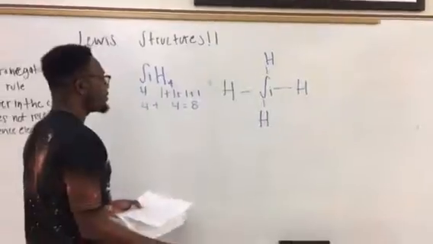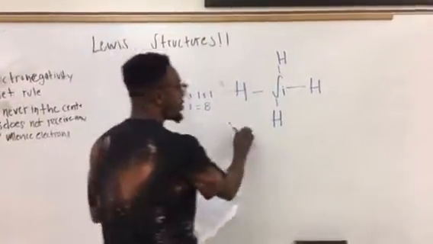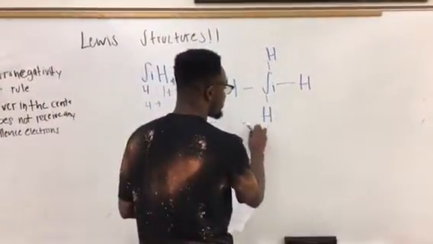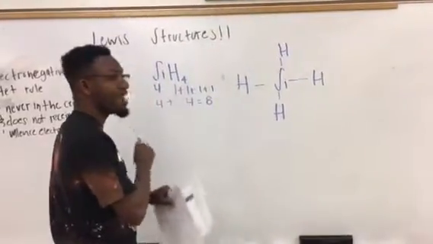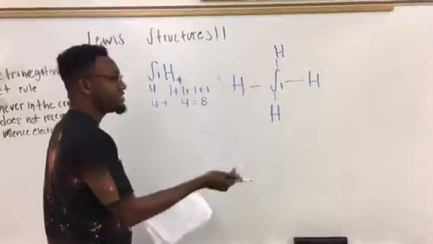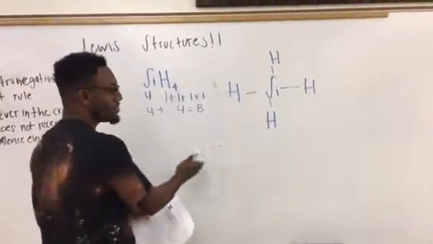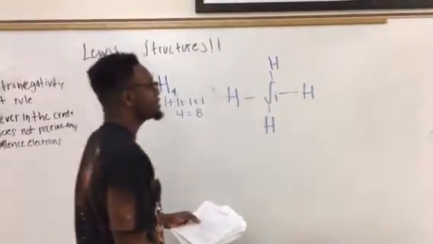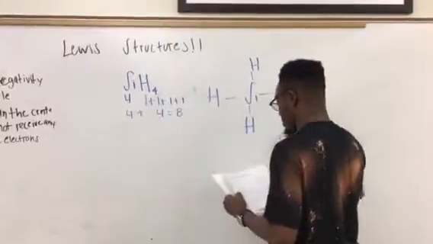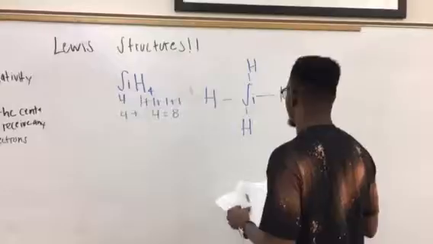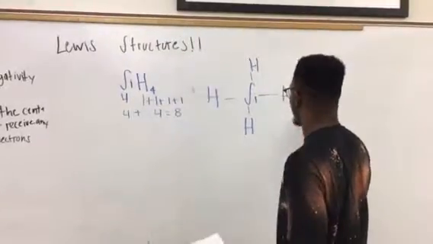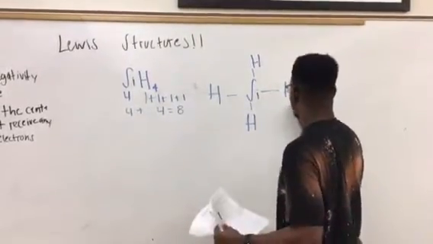Now some may question, why are the hydrogens not obeying the octet rule? Hydrogens are the only atoms that do not have to obey the octet rule, and this is how you would do this. We will also name the electron geometry of this, which is a little further up in your course: tetrahedral.